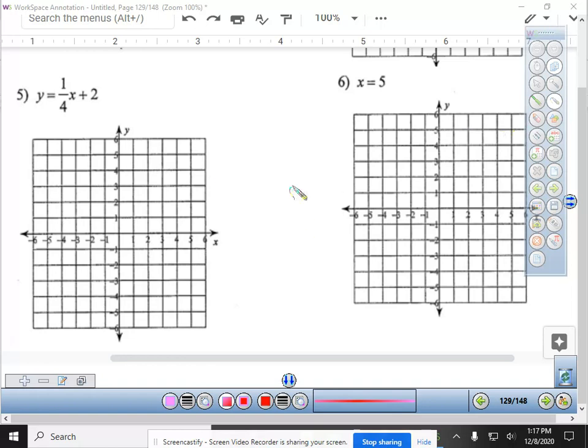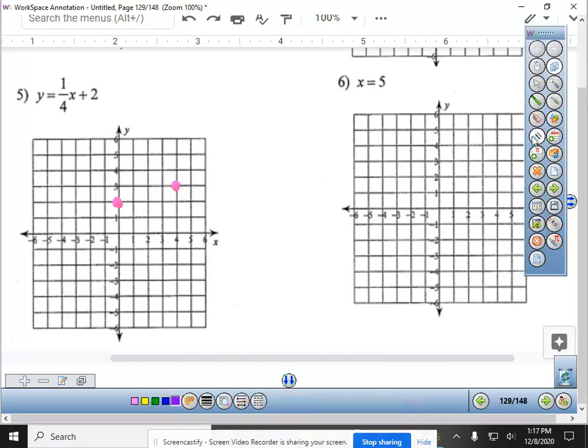And now I'm going to do it, and you can check your work. Did you do right? Yes.